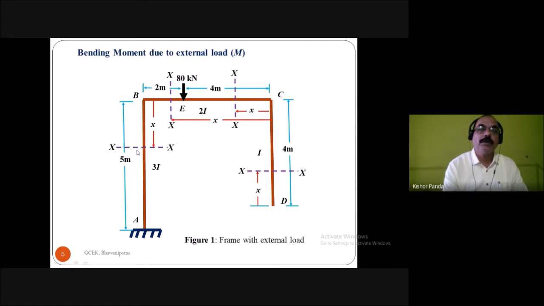So you got the moments in 4 sections: between C and D, between E and C, between B and E, and between A and B. Between C and D the moment is 0, between E and C the moment is 0, between E and B the moment is minus 80 into x minus 4, and between A and B the moment is minus 80 into 2.